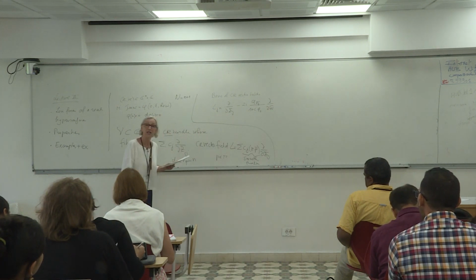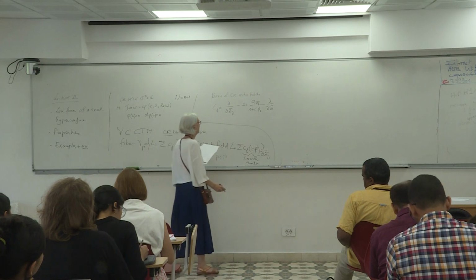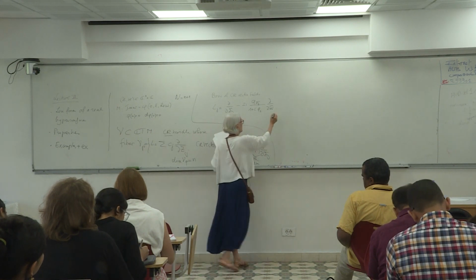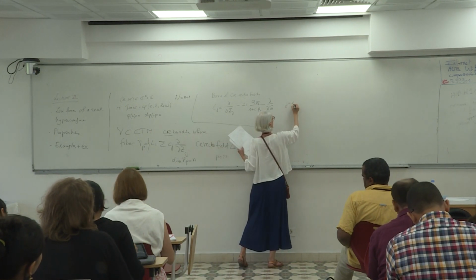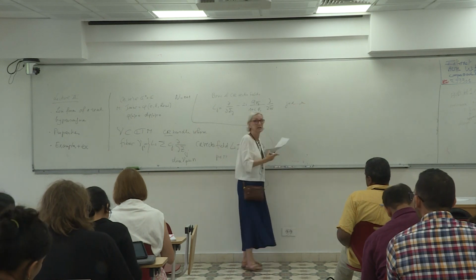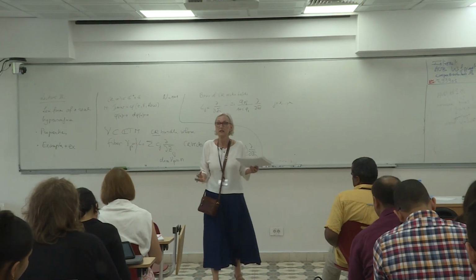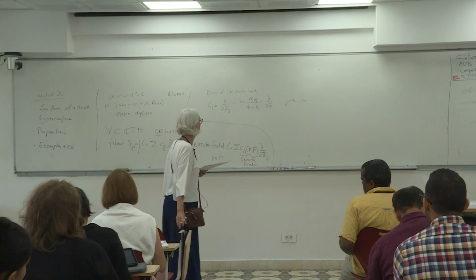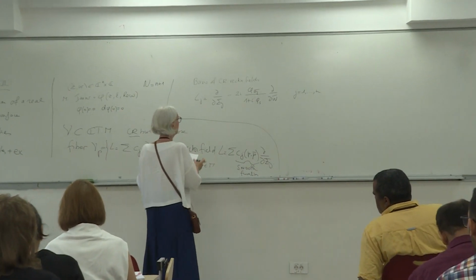They are given by that. You can check it easily. j goes from 1 to n. It's a basis. It's clear. Okay? So you have a basis of CR vector fields.